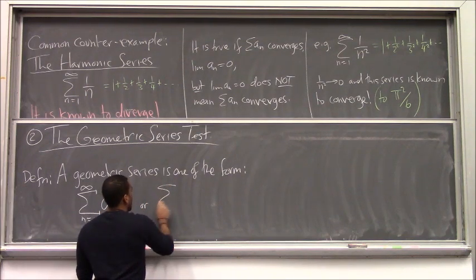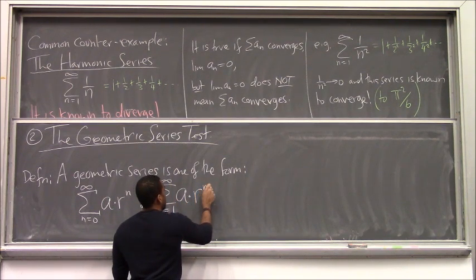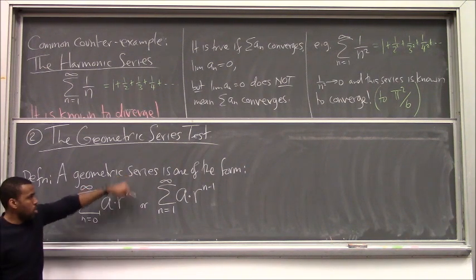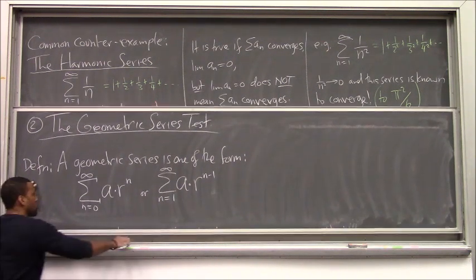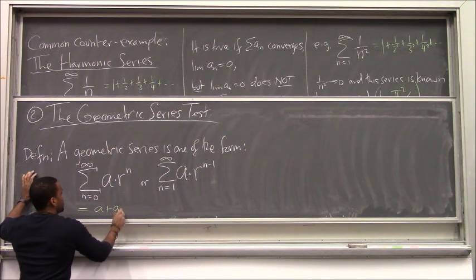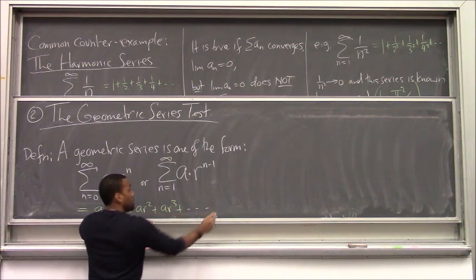Or you can start it from 1 to infinity, and in that case write a r to the n minus 1. The idea is you want the first term to be a. You want r to the 0 to be the first guy. So depending on where you started, you would shift the powers to coincide with a being the first term. If you were to multiply these out, it looks like a plus a times r plus a times r squared plus a times r cubed plus keep going.